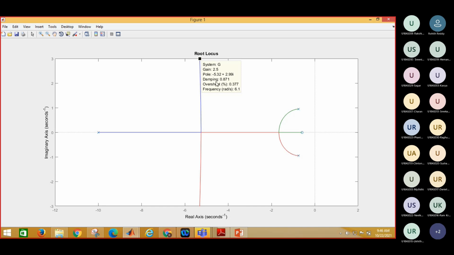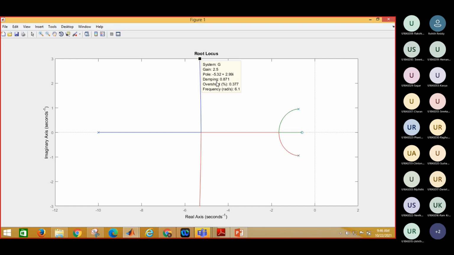What is my damping? My damping is 0.871. So initially I select my rate gyro sensitivity for this basic jet transport aircraft, for the landing calculation, as 2.5. At this location, my damping is 0.871.